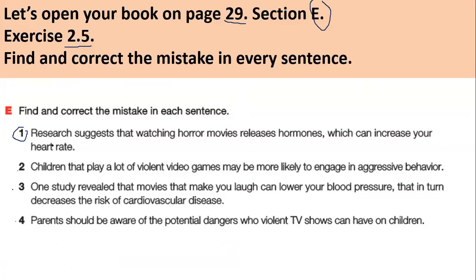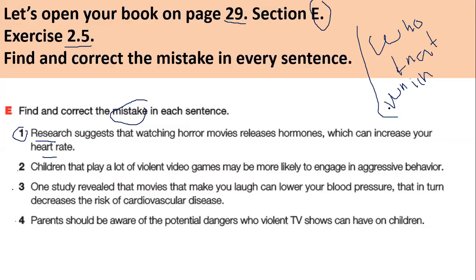What you have to do is read, and find and correct the mistake in each sentence. The mistake would be who, that, or which. We have to put the correct relative clause.